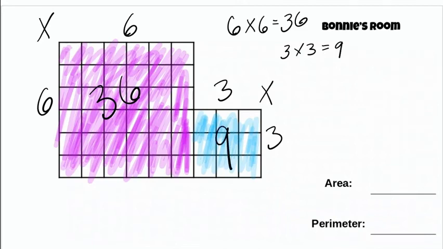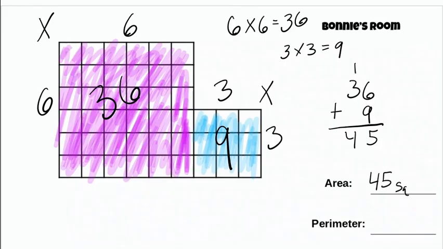So I have 36 square units and 9 square units, so for the area of the entire room, I have to put those together now. 36 plus 9 equals 45. So the area in Bonnie's entire room is 45 square units.